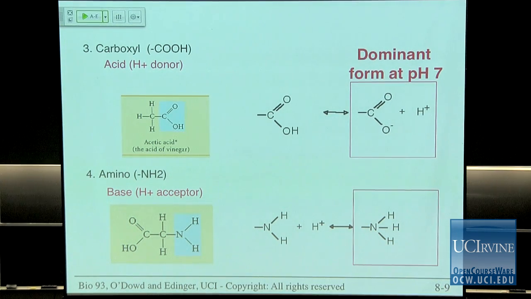So this is the dominant form at pH 7 as well. It has actually attracted a hydrogen, so it's taken on an extra one, so it has an extra charge. So this has a plus charge, and this has a negative charge, right? Because this one's accepted an extra hydrogen, this one has not.